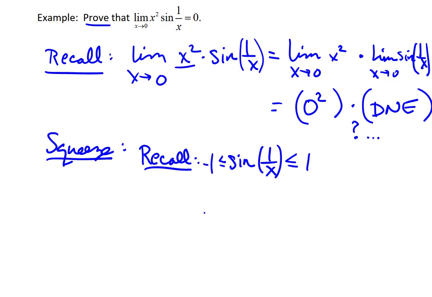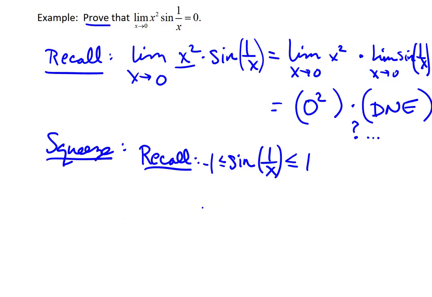Let's also recall that with an inequality like we have here, you can multiply an inequality all the way through by a positive value, and it will not change the inequality symbols. Now, if you multiply by something negative, of course it would flip them.